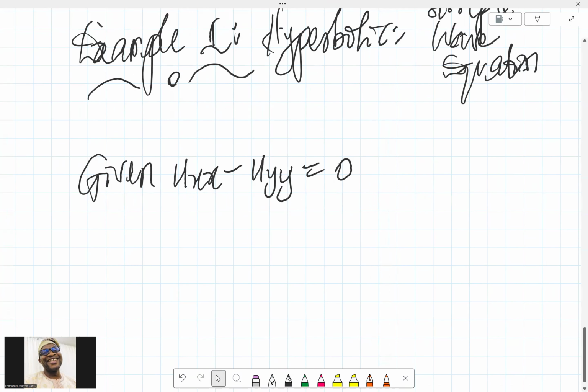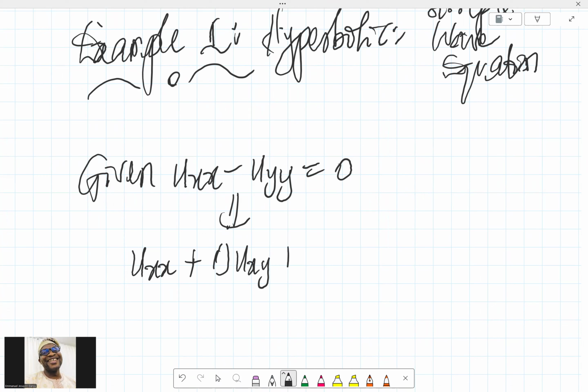So here we see that if you arrange it based on the standard form, you should have something like u_xx plus 0 u_xy, since the other one does not exist, plus, now it's even minus, so that's minus u_yy and other terms equals 0.